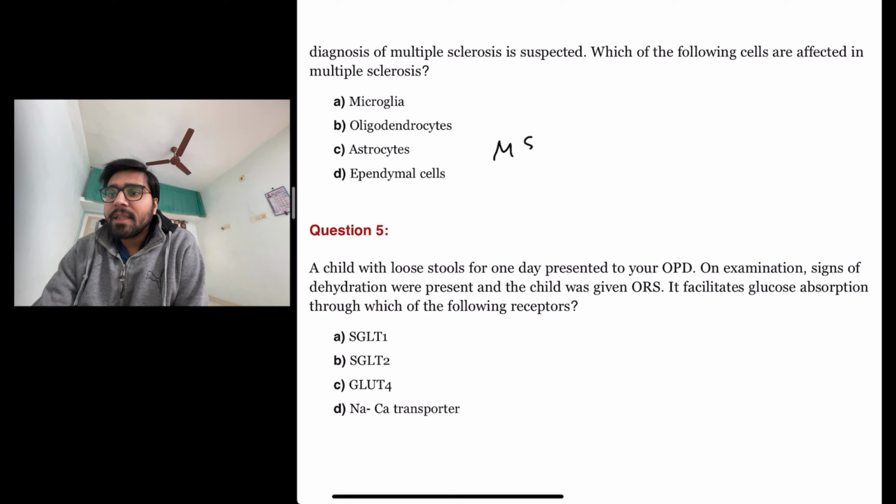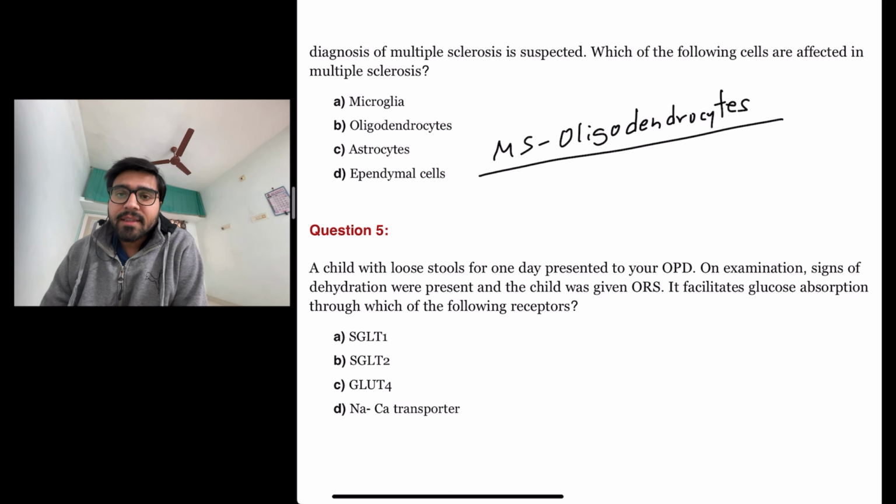Cells affected in multiple sclerosis are oligodendrocytes. The other cells which are affected in multiple sclerosis are Schwann cells.